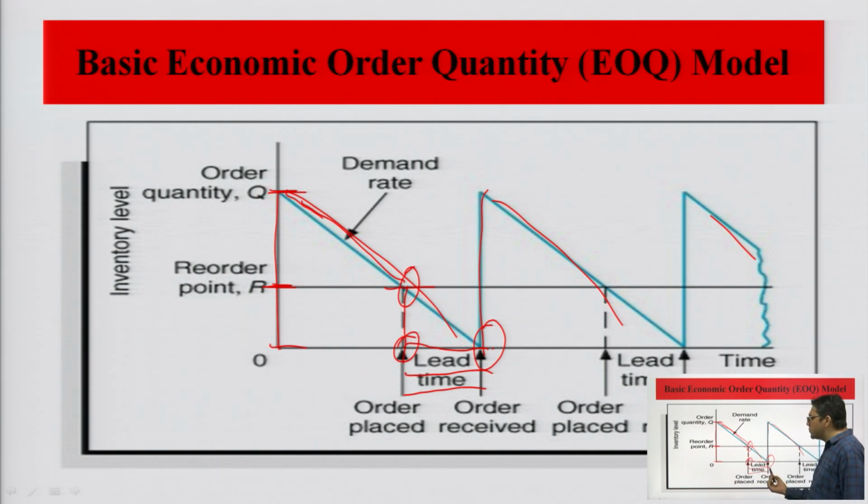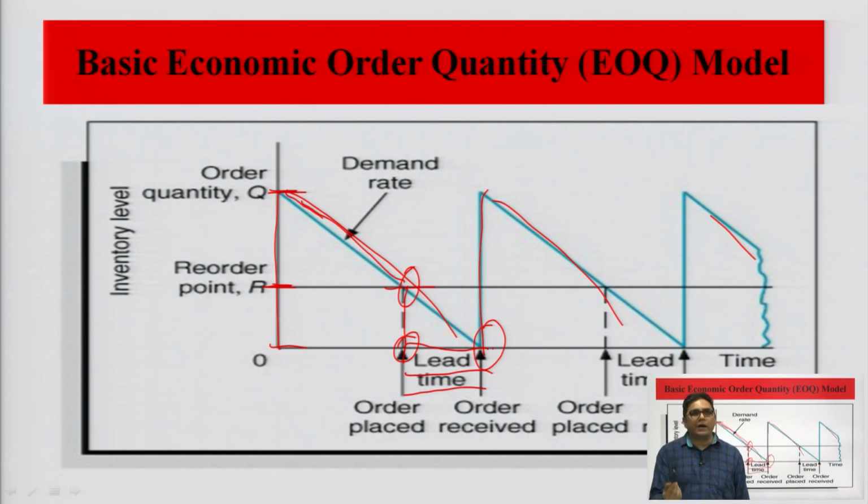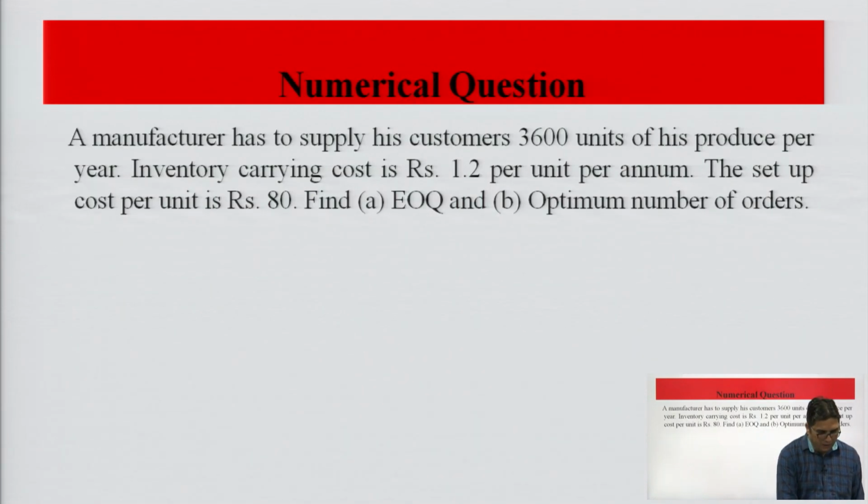And the lead time is what? It is the time between when we have placed an order and when the new order has come into the organization. This difference between placing the order and the order being received by the organization is classified as the lead time, and lead time and reorder point have to be decided very carefully.